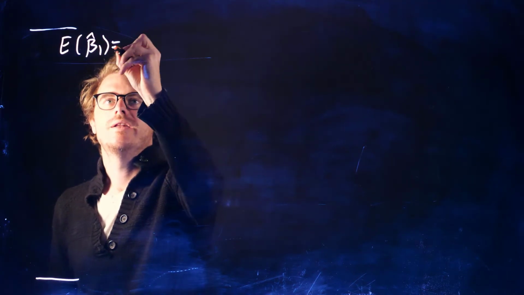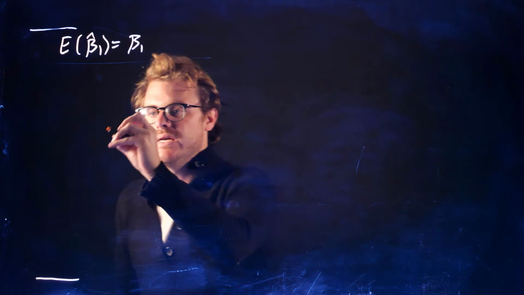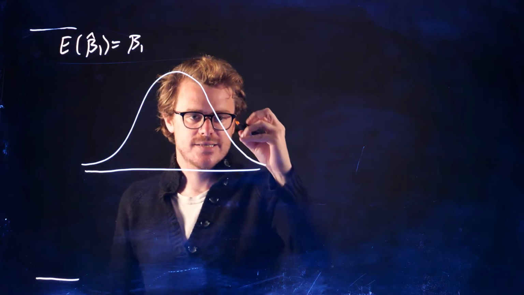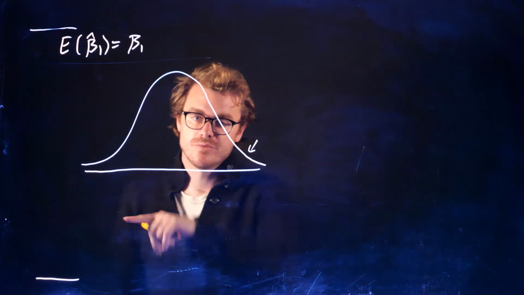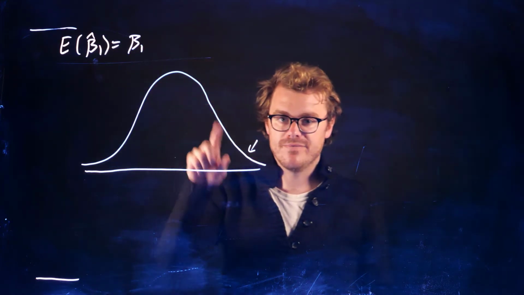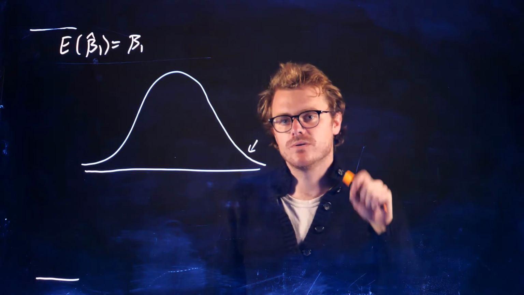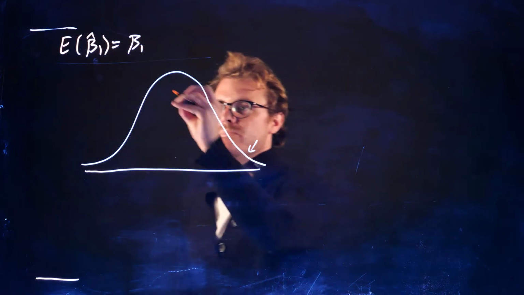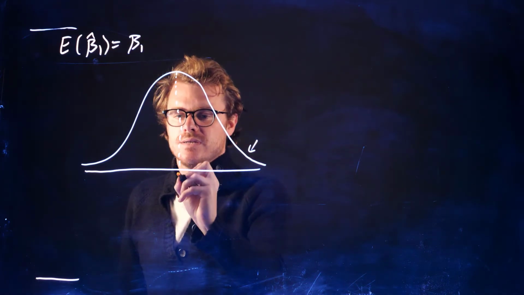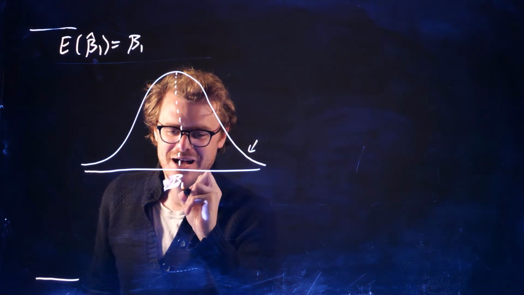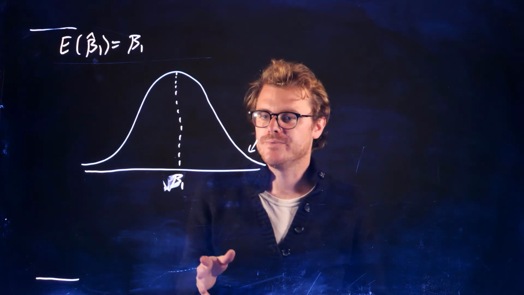All right, so we just figured out that the expectation of beta hat 1 equals the true value. If you want to visualize this, think of the distribution of this random variable, beta hat 1, right? It's a random variable because its value depends on which sample we draw. And so what we're figuring out here is that the mean of this distribution is equal to the true value.